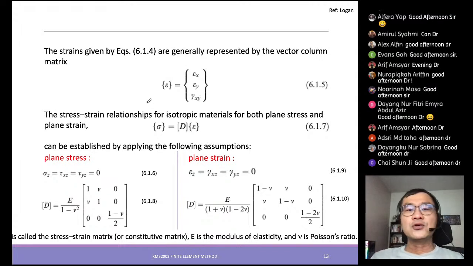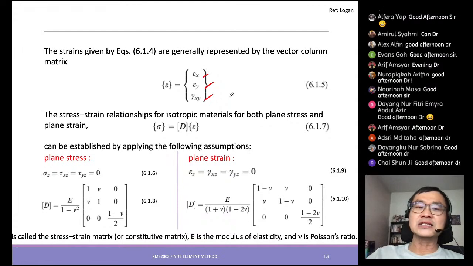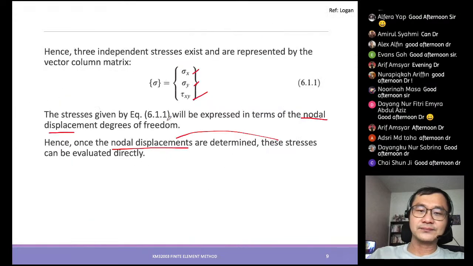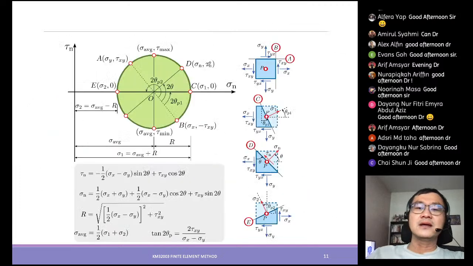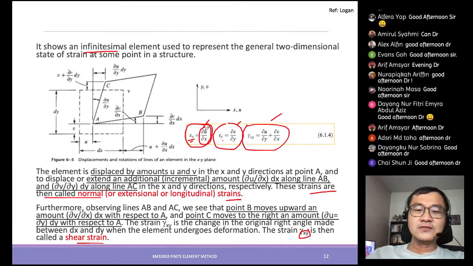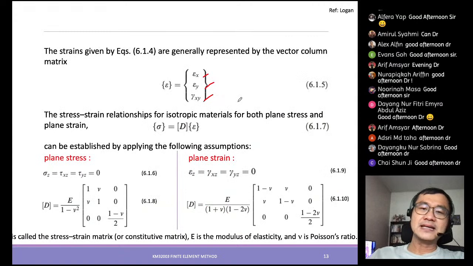This strain can generally be expressed in this form, again with three independent parameters. Recall that in the stress previously there were three independent stresses, and for the strain there are also three independent parameters. So you can form a relationship to connect them together.